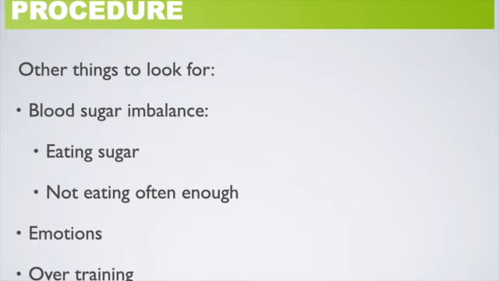Other things to look for with anaerobic challenge are blood sugar problems, their diet, maybe not eating enough, emotions, and then of course overtraining. And this pertains to aerobic and anaerobic across the board. Diet's very important.